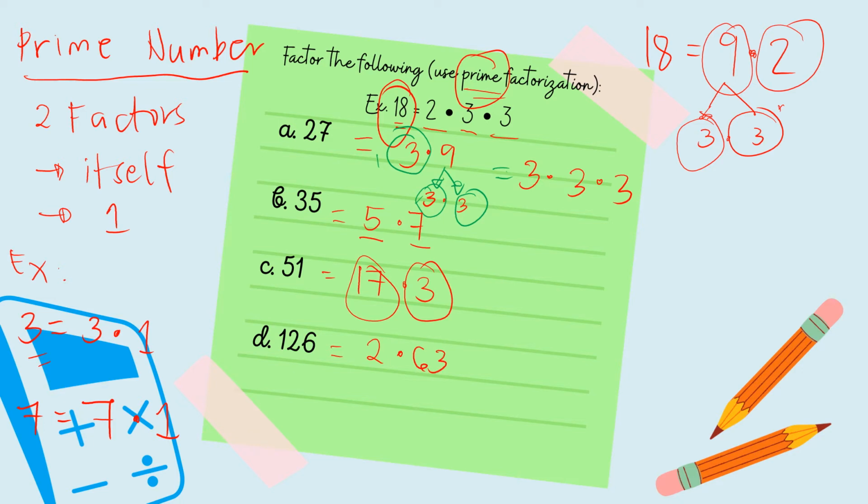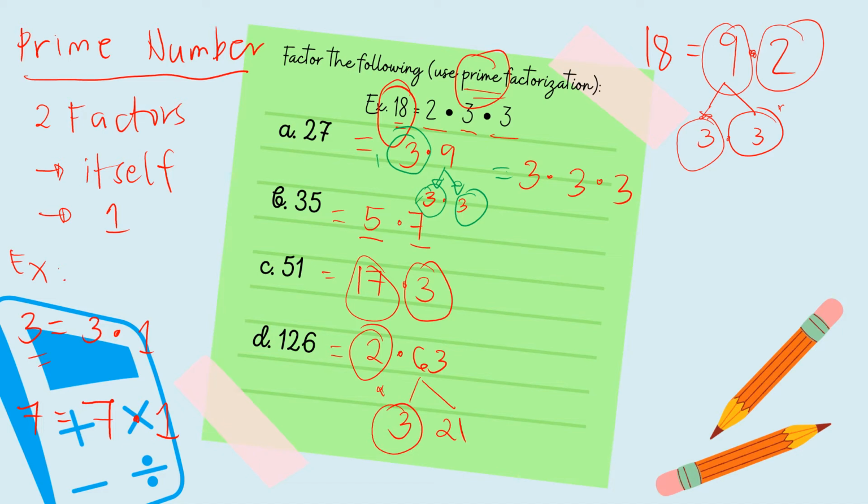Tama? But 2 is already a prime number. How about 63? Pwede natin i-broken down to smallest number. So, 63 is divisible by 3, right? So, that will be 3 times 21. And we know that 3 is a prime number.